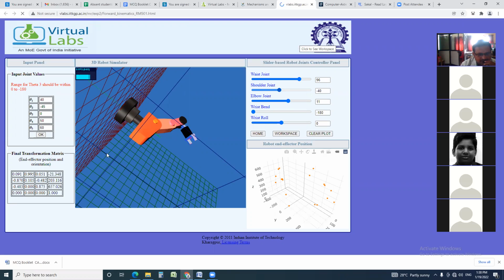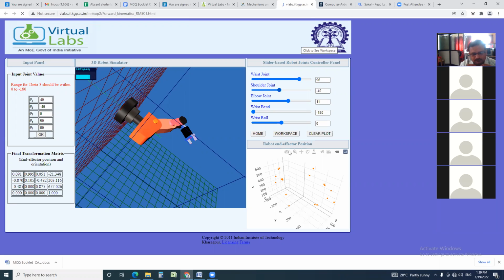See how, if you enter the angles, the position has been changed. Now we'll see the workspace. Here workspace is there. Okay, workspace is generated. We'll wait. Okay, workspace is generated.